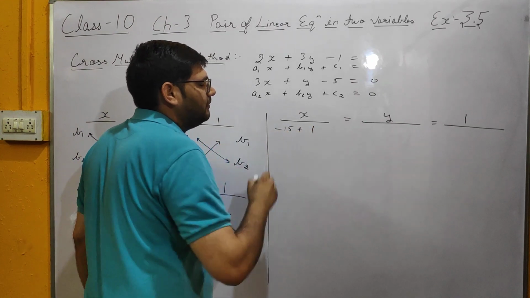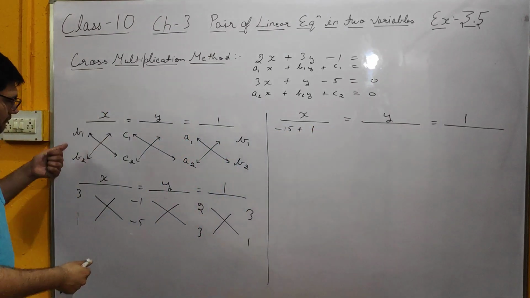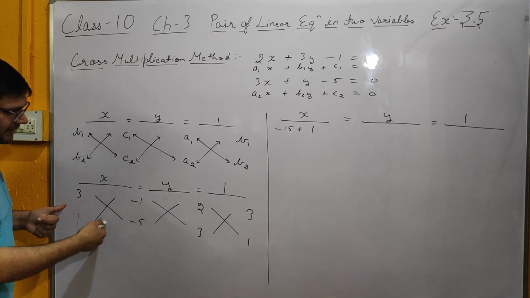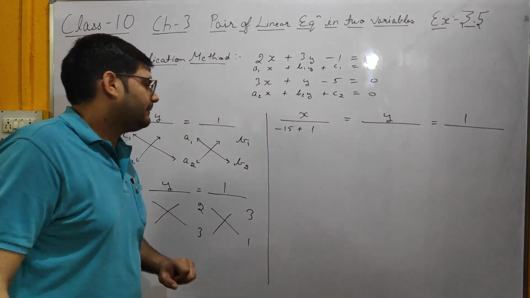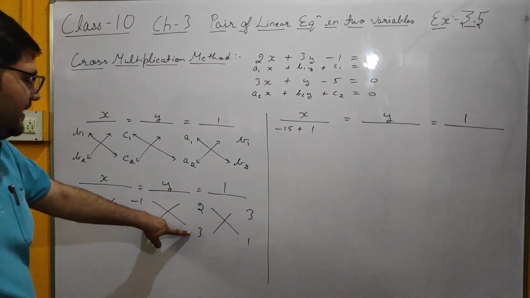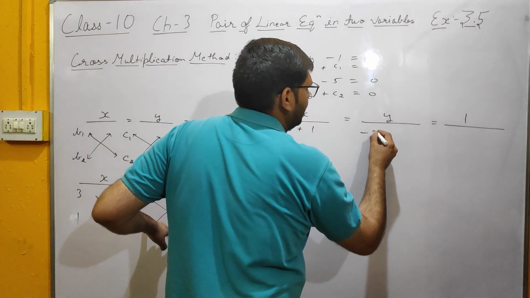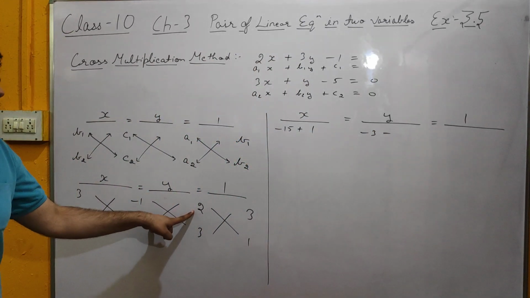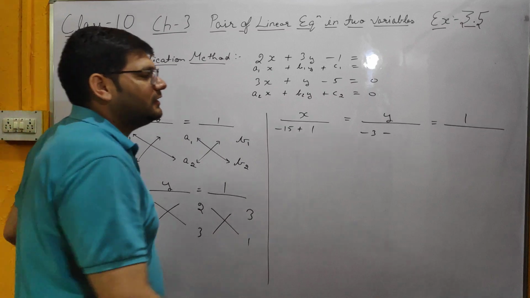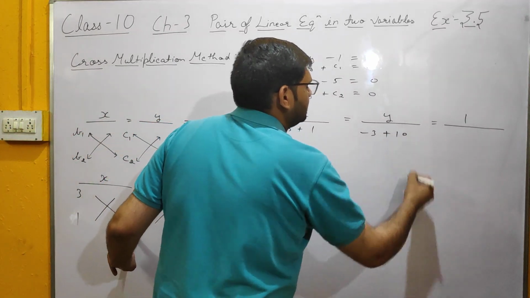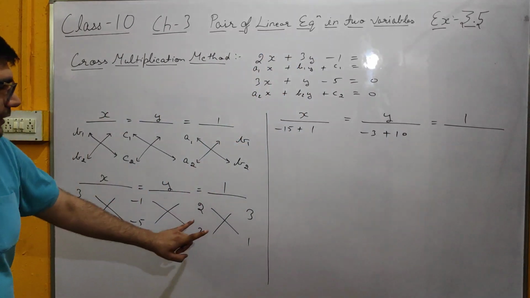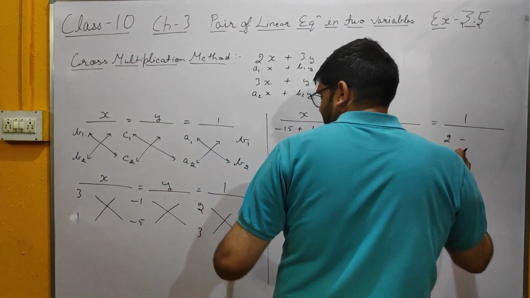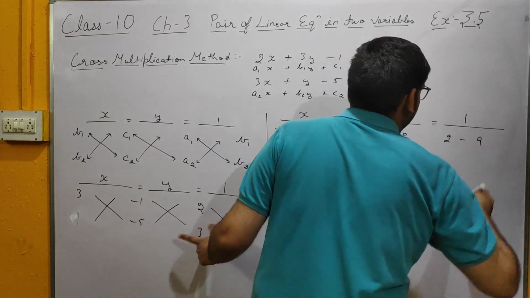It will become plus because it was b1 c2 minus c1 b2, so minus minus will become plus. Now for y, it is minus 3, then minus sign, 5 2s are 10 and minus 10 is there, so minus minus plus 10, then 2 1s are 2, alright, then minus sign, 3 3s are 9.